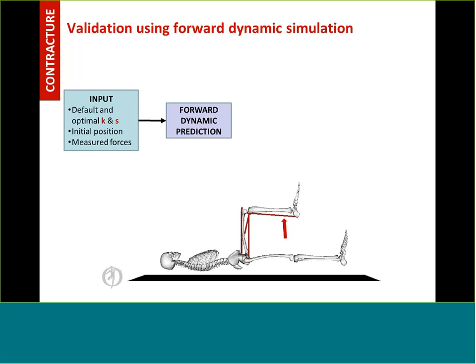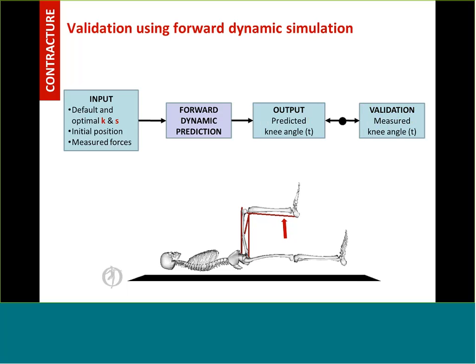We set the model in the initial position as measured experimentally, and then we imposed the measured forces to the tibia. But the movement was totally free, and the output of these simulations was then the resulting motion of the knee, which was compared with the experimentally measured knee motion. So if we did a good estimation of the model's properties, these two motions should match.